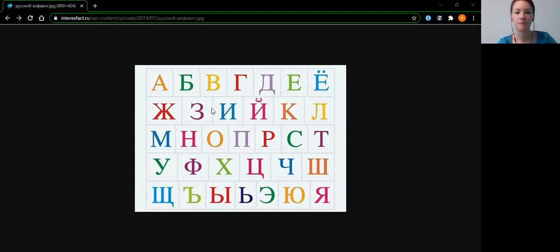Okay. Then we have this very familiar letter E. But be careful here because when you want to write it, it is similar to English N, but in Russian it is not N, it is E. Then we have E with a funny hat, as my students say. It is Y. For example, in English, you have the wonderful word yogurt.